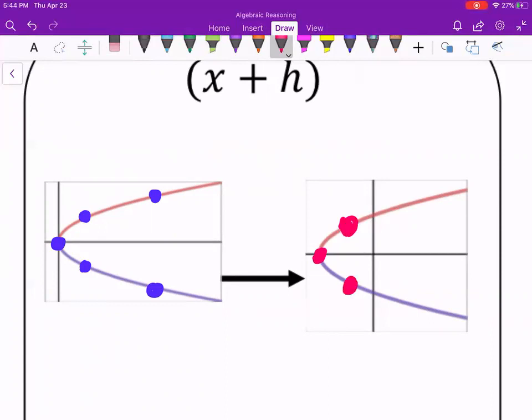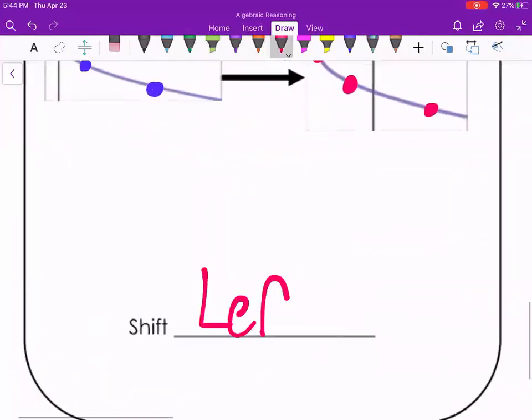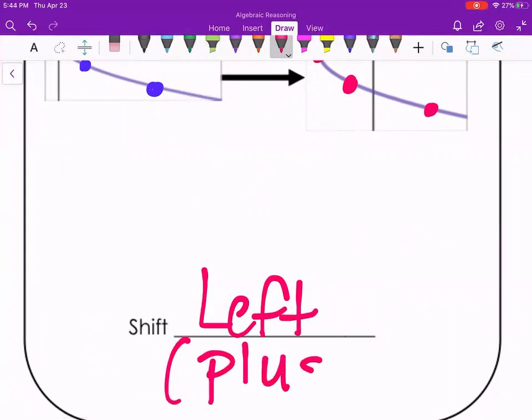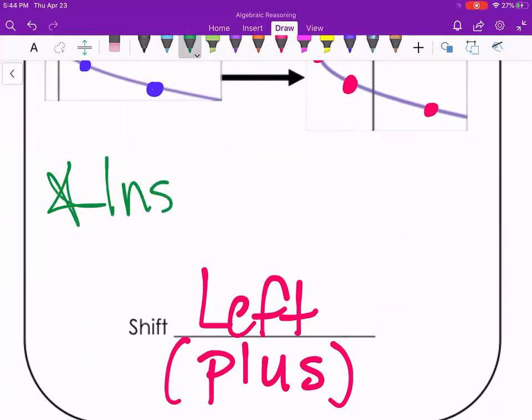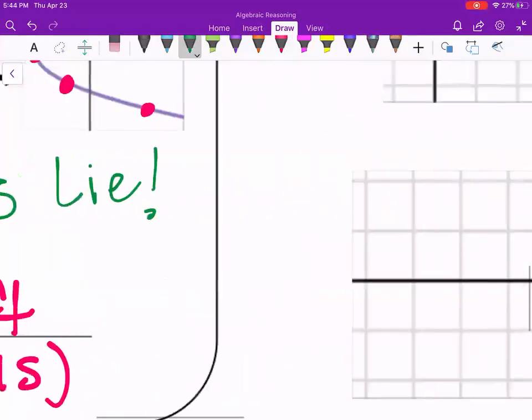So this time, all 5 of those dots we're going to move leftward. So this time we go left. And in the parentheses is a plus. Again, we get the opposites because of the insiders lying to us. So insiders lie.